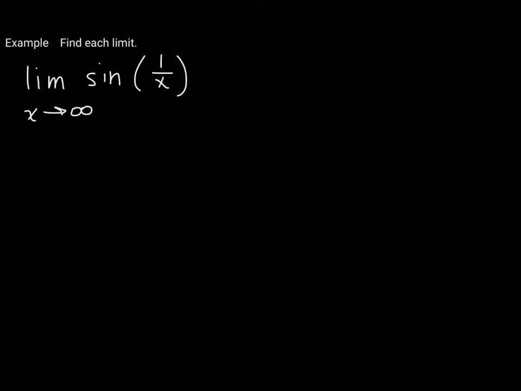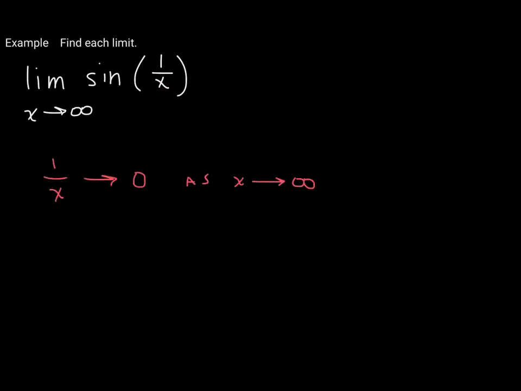All right, now we're being asked to find the limit of sine of 1 over x as x approaches positive infinity. Now, we already know about this ratio, 1 over x. If the numerator is fixed at 1 and the denominator is growing without bound, then this ratio, 1 over x, is approaching 0.